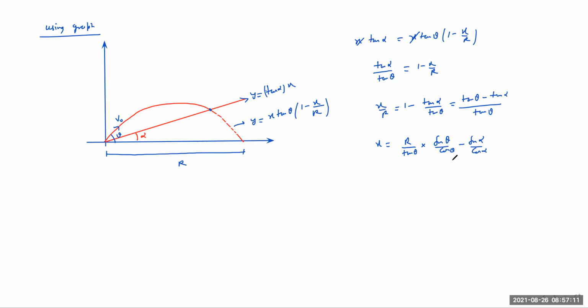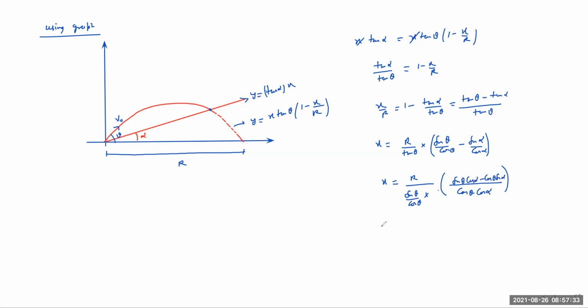And you can take the LCM. So this becomes r upon sine theta by cos theta, into the other part, which becomes cos theta cos alpha, and this becomes sine theta cos alpha minus cos theta sine alpha.